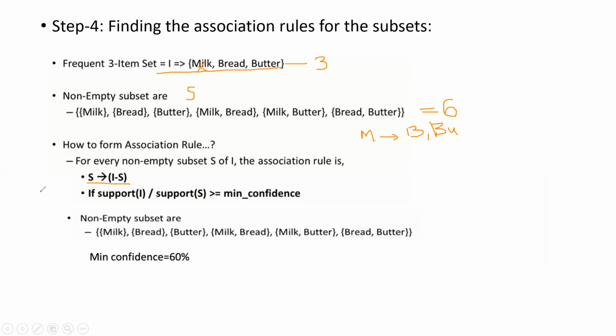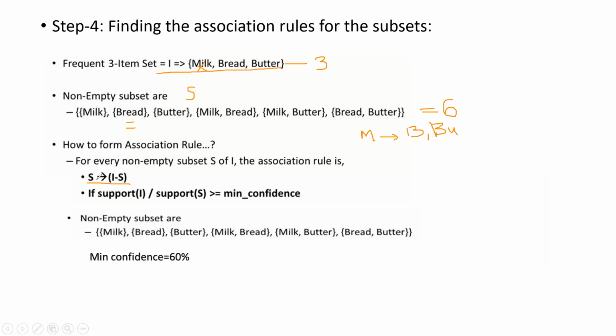Understood. Next is rule number 2. Next is bread. So we will write bread to milk and butter. Rule number 3, butter. So butter to milk and bread. Then here, milk and bread. Now my S is milk and bread.